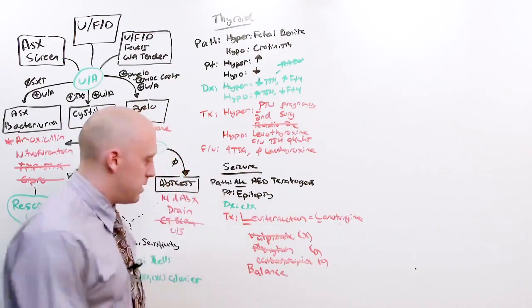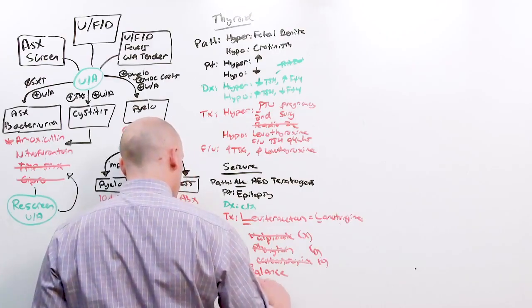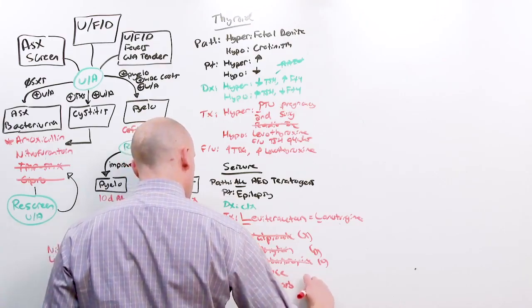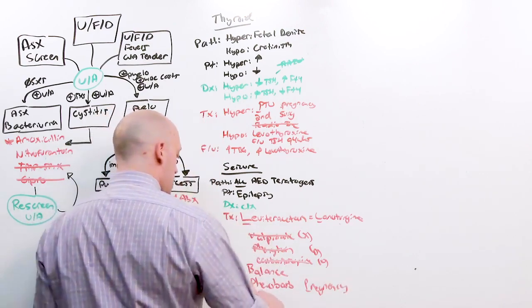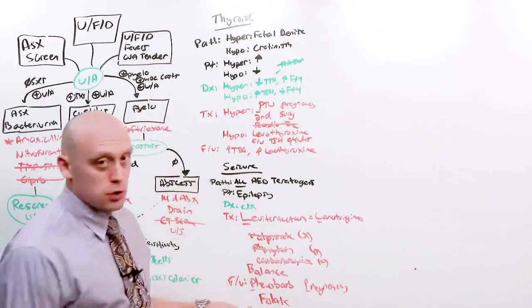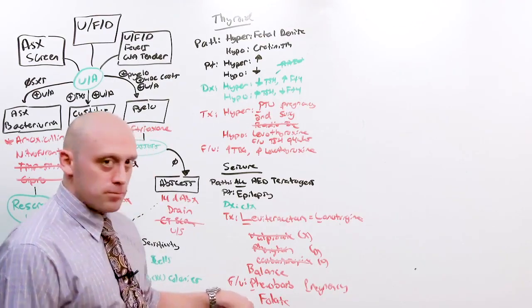If she does seize, phenobarbital is safe in pregnancy. And if she has anti-epileptics, she should be given folic acid to prevent neural tube defects. This is essential now, not just a nice to have, as in prenatal vitamins.